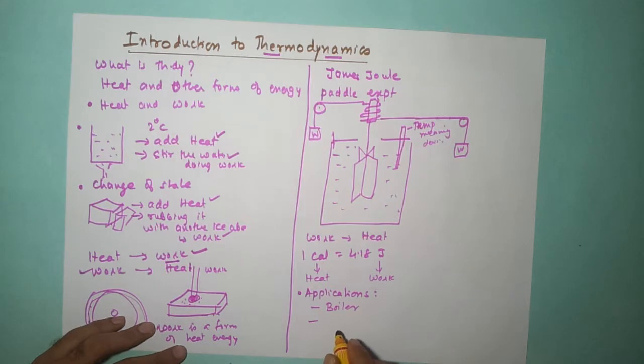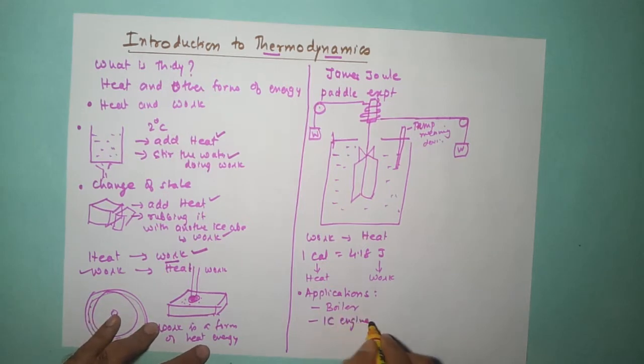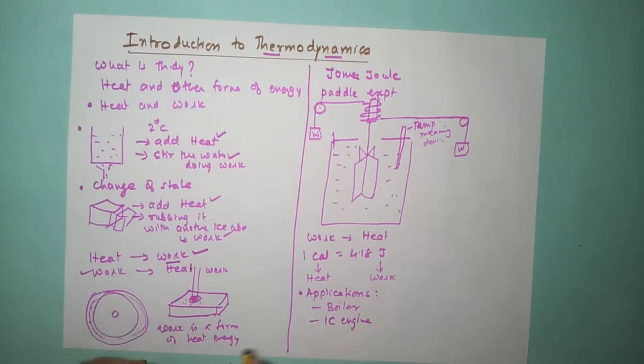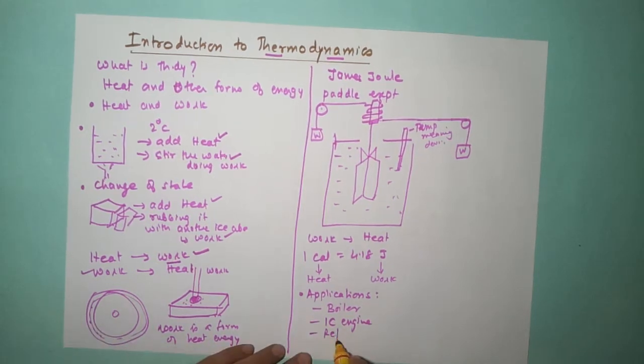Another example which all of you must be using is IC engines. Two-wheelers use IC engines. In that you have a combination of fuel and air, which is used to run the IC engines. Again, heat energy being converted into mechanical energy. And also refrigeration systems, refrigerators.